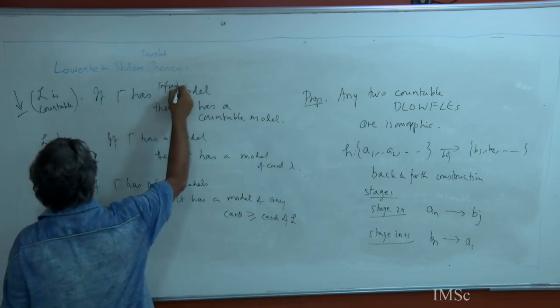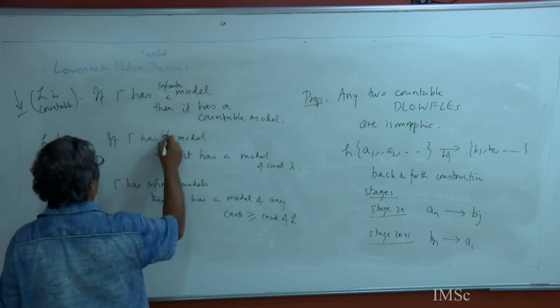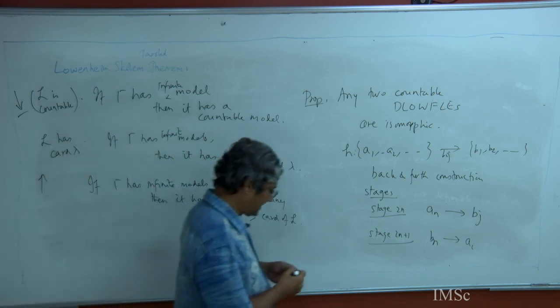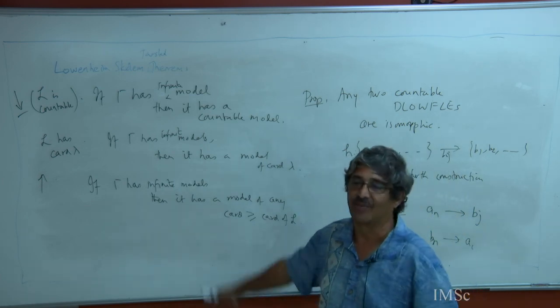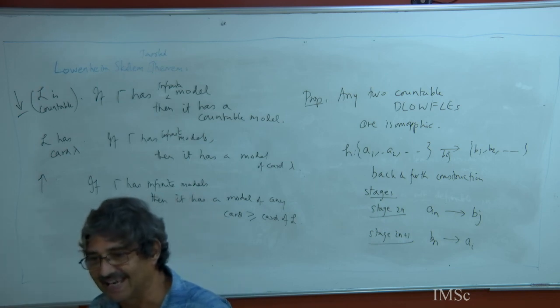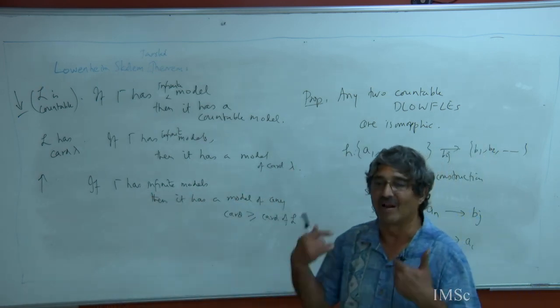Because if it has only finite models, of course, there is nothing you can do to get countable models. What it says is that, let's say it's a countable language, so you know it has a countable model. I give you any arbitrary cardinality, and I can always build a model of that size.